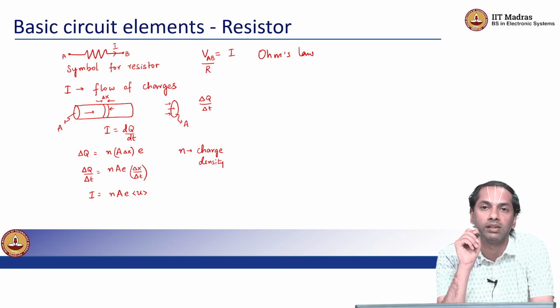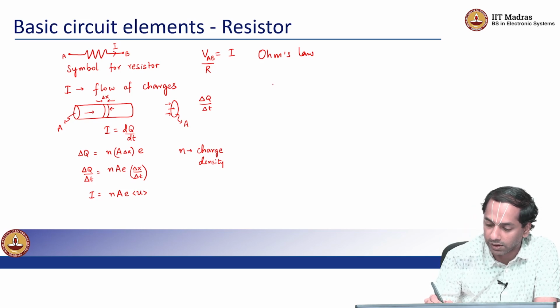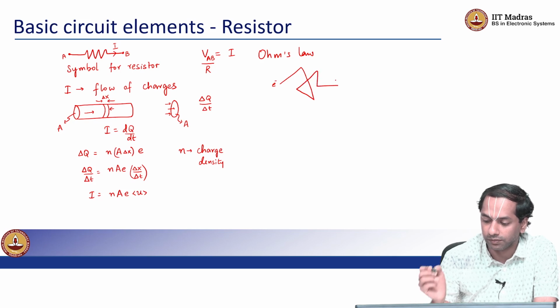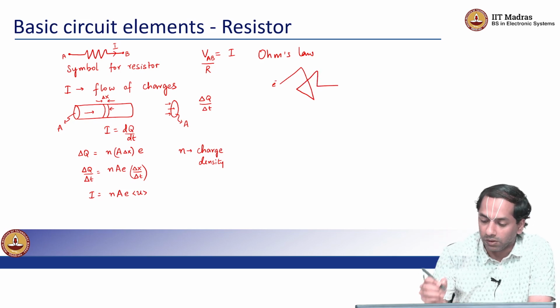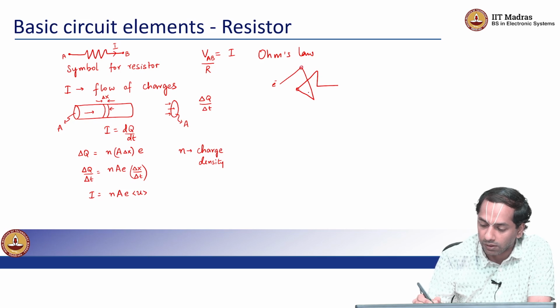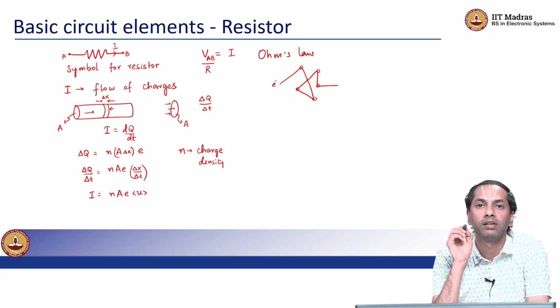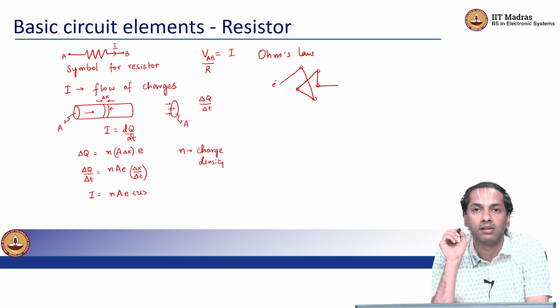In reality, what we say and explain this by is that these electrons are not free to move, but they undergo several collisions with the constituents of the wire and are interacting with other electrons themselves and end up having a fairly chaotic motion. So, if I were to look at a single electron's motion, it may look very chaotic. Each of these points where I show a turn or a change in direction is a collision event where the electron has interacted with another particle and has changed its direction of motion.